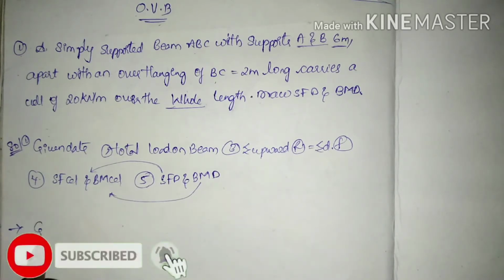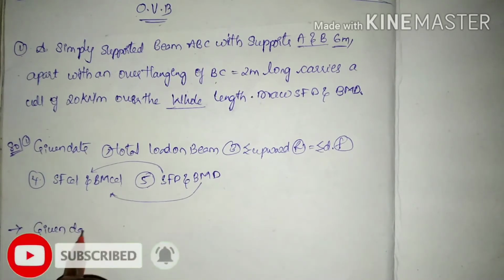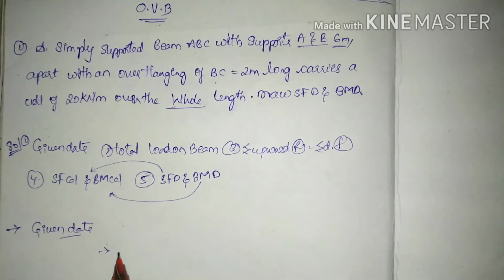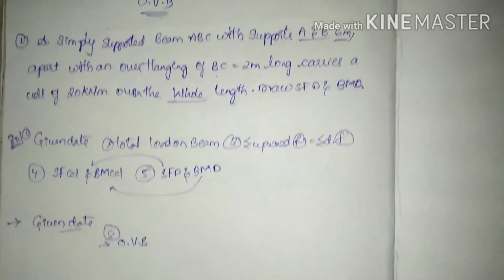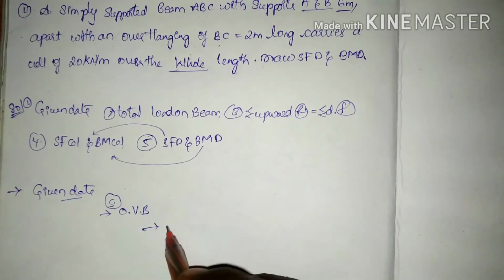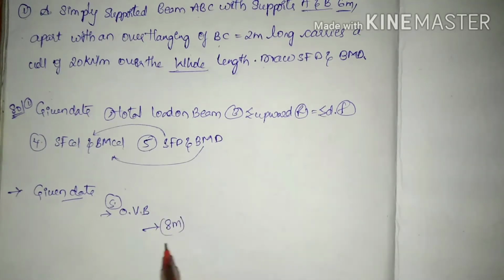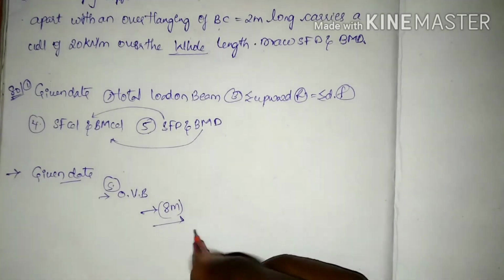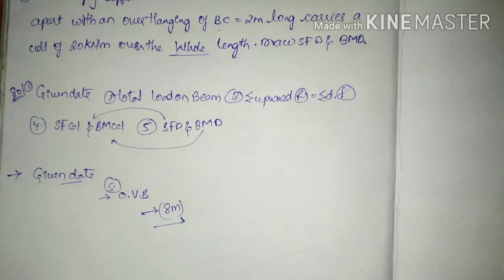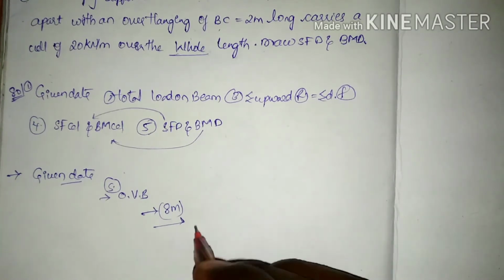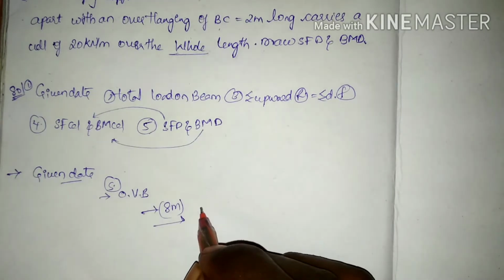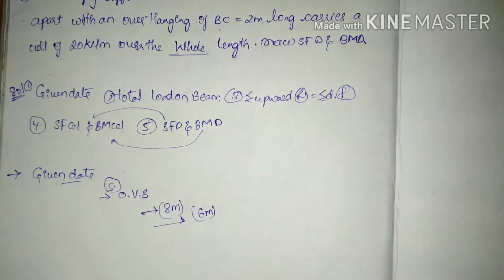Let us follow this method to find the shear force diagram and bending moment diagram. What is the given data in the question? A single overhanging beam with a span of 8 meters. A part of this overhanging beam is a simply supported beam, a part of 6 meters from the 8 meters.